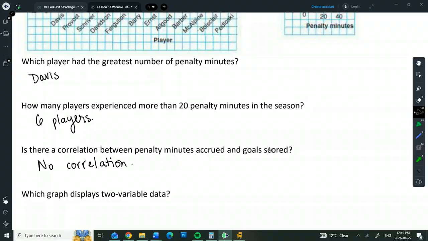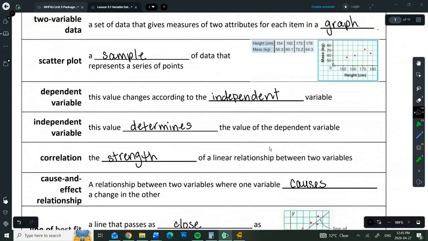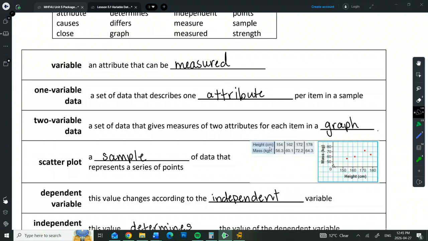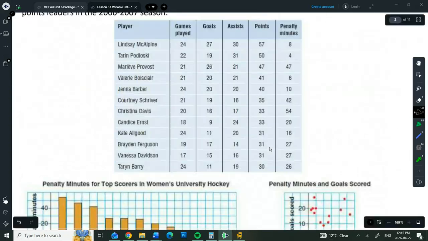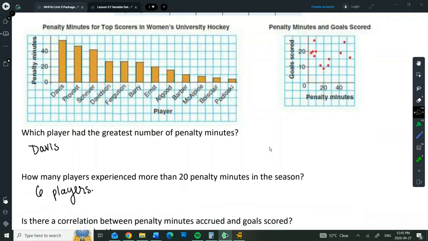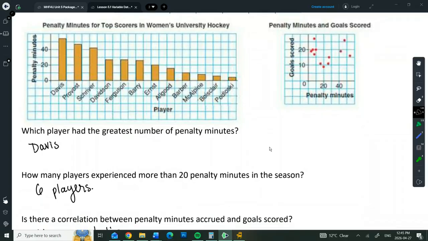Okay, and then this one says which graph displays two variable data. So if we look back at our definitions here, two variable data is a set of data that gives measures of two attributes. So two values that can be measured specifically for each part of the graph. So would that be the bar graph where we have the names versus the penalty minutes, or would that be the scatter plot where we have penalty minutes and number of goals scored?